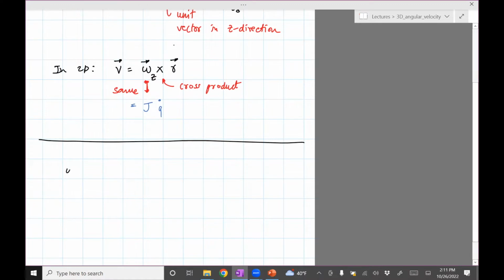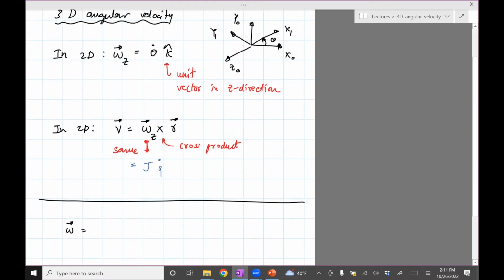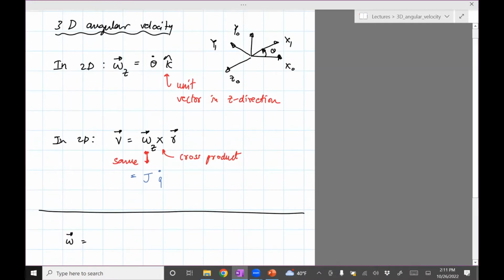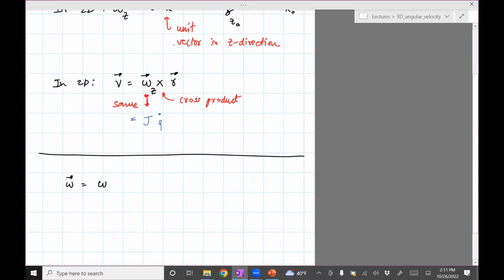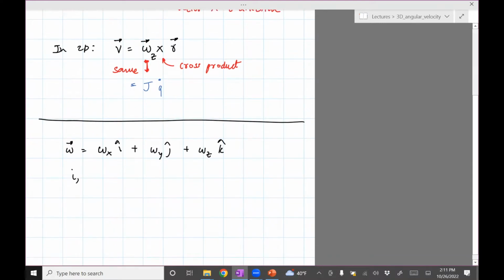Let's assume that omega can be written in 3D as follows. Omega z here was theta dot k, but let's say that the generic angular speed in the x, y, z direction can be written as omega x, omega y, omega z. And since they are in their own respective directions, let's put i, j, k, where i, j, k are unit vectors in the x, y, z direction.